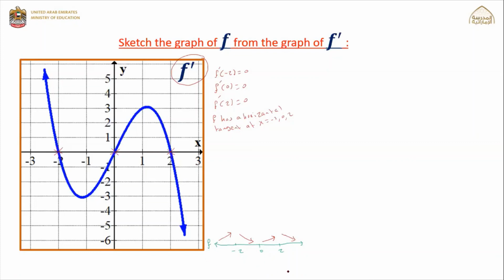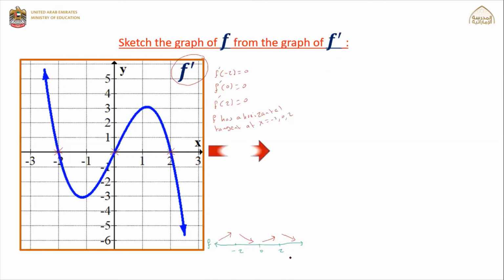So from this I can talk about the graph of f. It's increasing before -2. After that, it's decreasing from -2 to 0. Then it will be increasing again from 0 to 2 and will be decreasing finally from 2 to infinity.